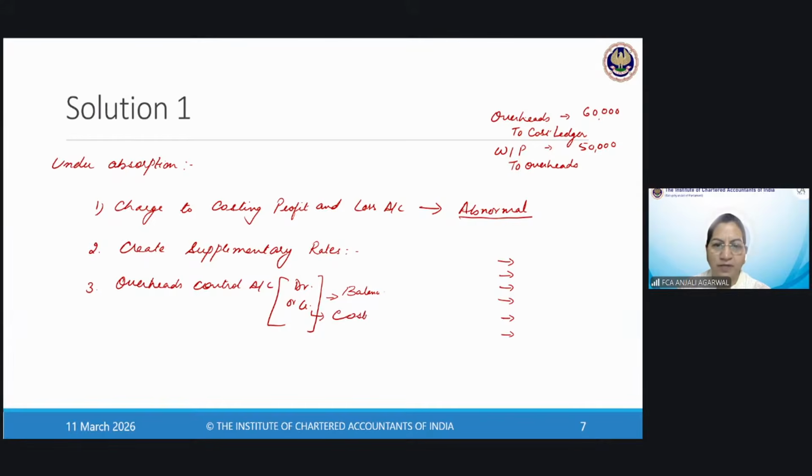Either you take it to the costing P&L or you can say overhead control account debit or suspense account debit to overheads. So your overhead suspense account or control account will have an entry to overheads, 10,000. So there is a debit balance when there is under absorption.